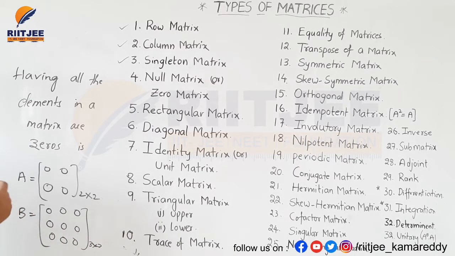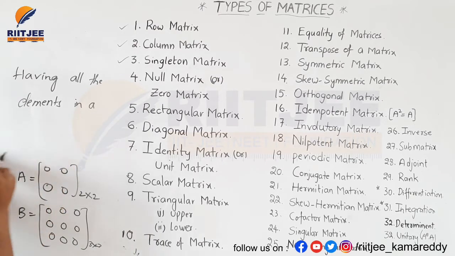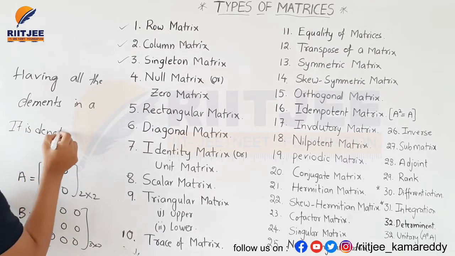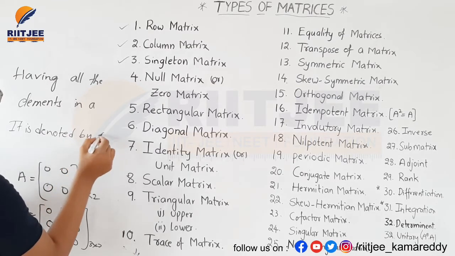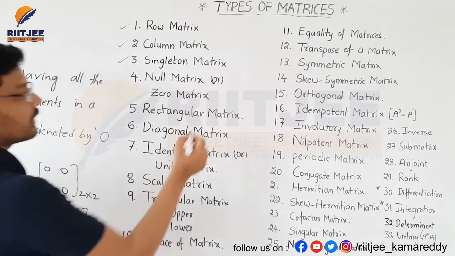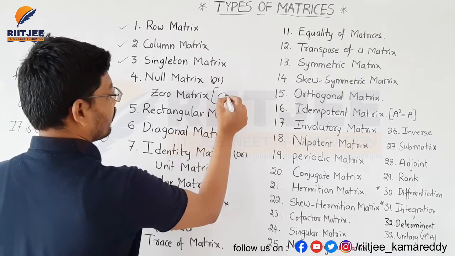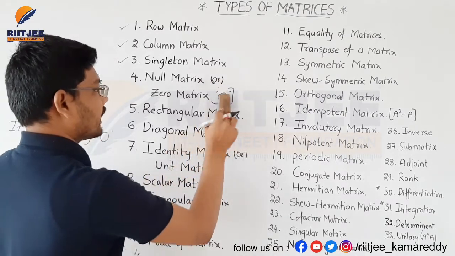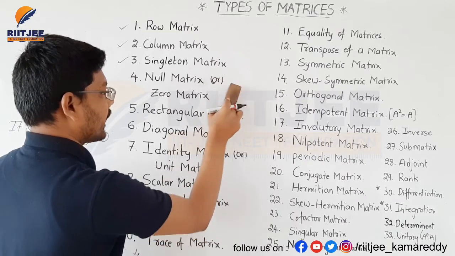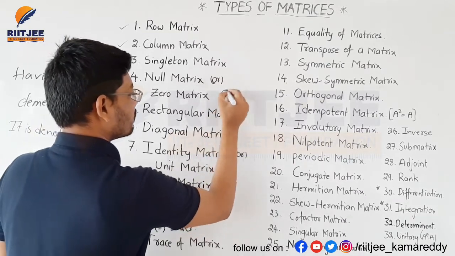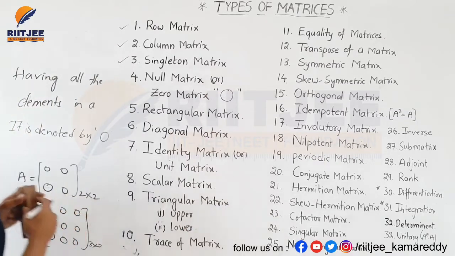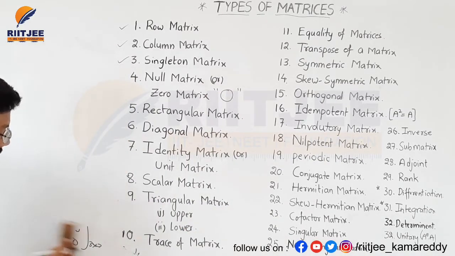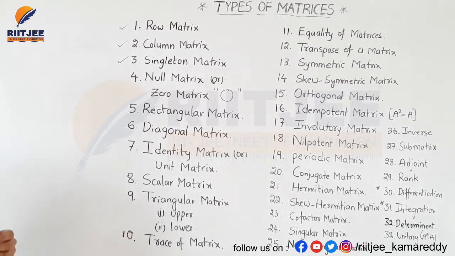This is a null matrix, and a null matrix is denoted by capital O. This is all about the null matrix here.